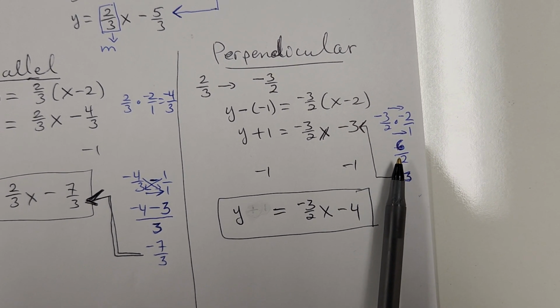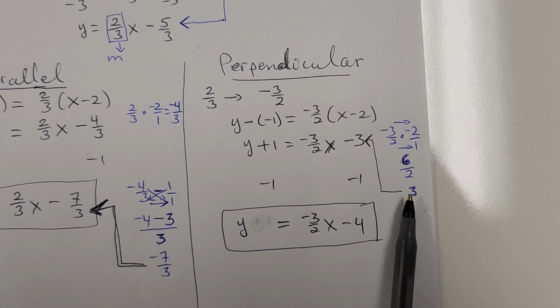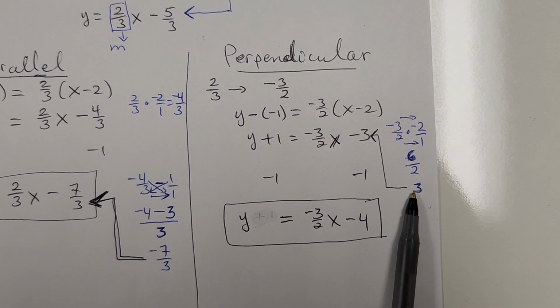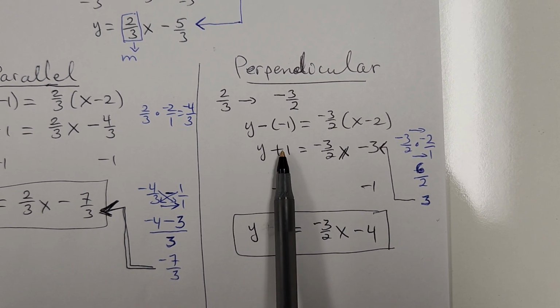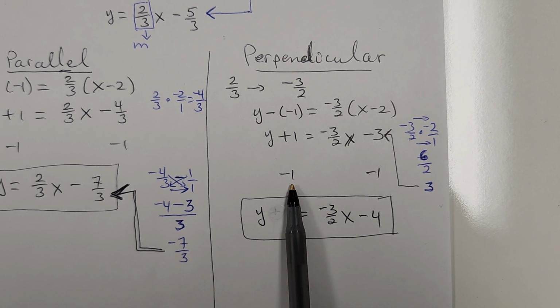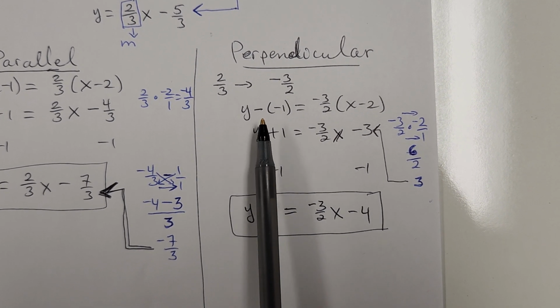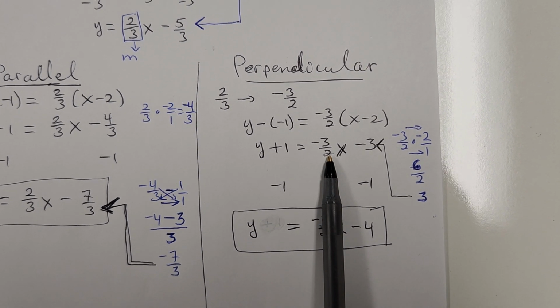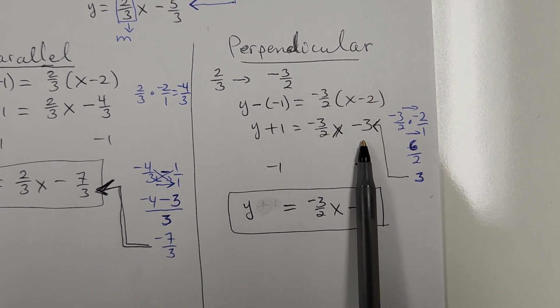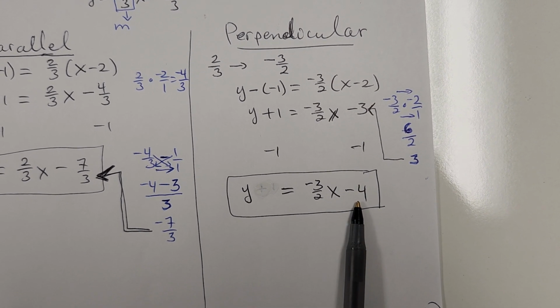If you cannot reduce, leave it alone. The last step, subtract the 1 over, because I want to get rid of the positive 1. So I just have y = negative 3/2 x, and then 3 minus 1 gives me 2.